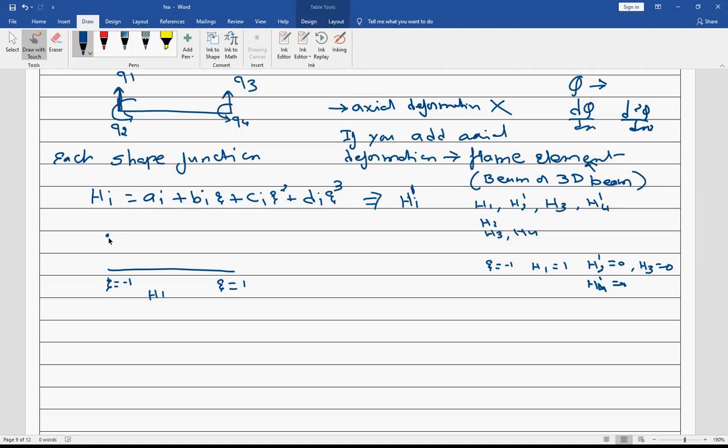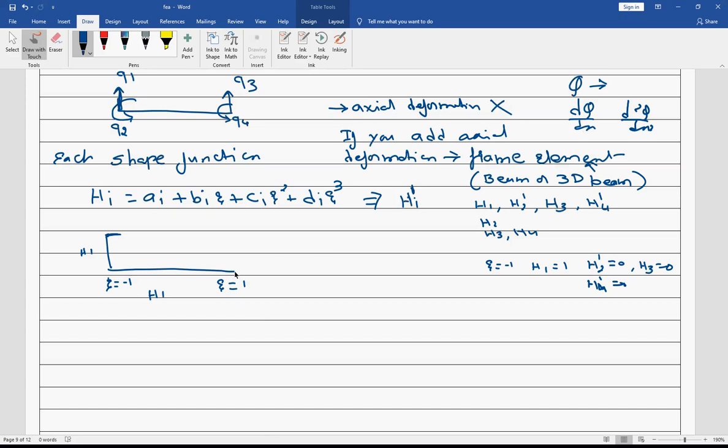So this is the value I got for h1. And h2 dash locates at xi equal to minus 1. So h2 dash is the slope at point 1. So at point 1 the slope is 0, that's fine. So I have the slope as 0 at this location.